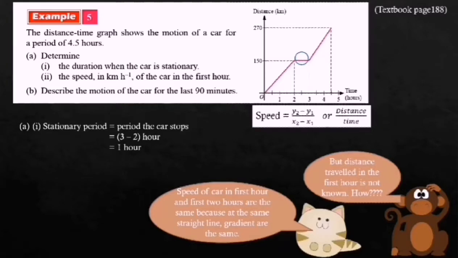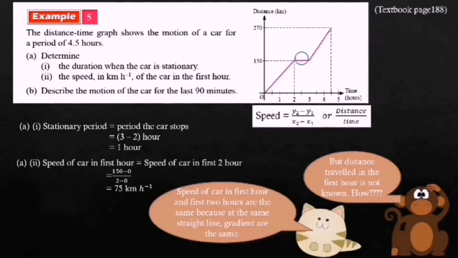Okay, so speed of car in first hour equal to speed of car in first 2 hour. So the speed is equal to 150 minus 0 over 2 minus 0 equals to 75 km per hour.